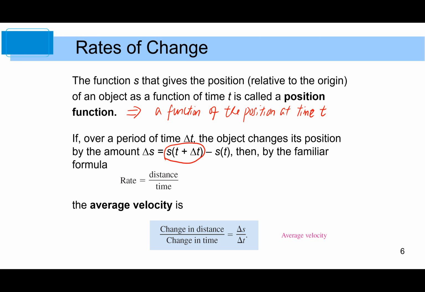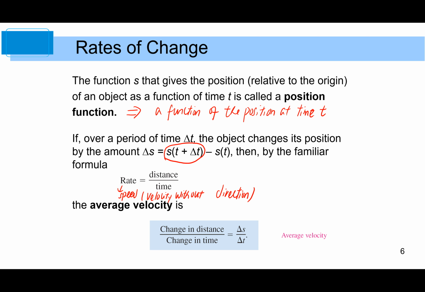rate is equal to distance over time. This is what we call speed, right? Speed is just velocity with no direction, without direction. So that's the difference between speed and velocity.